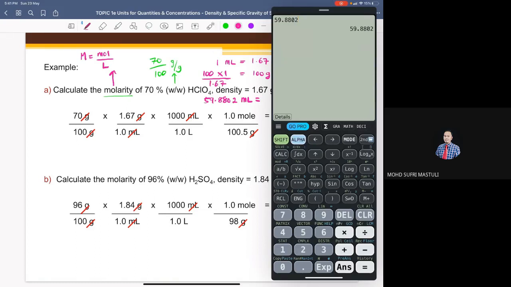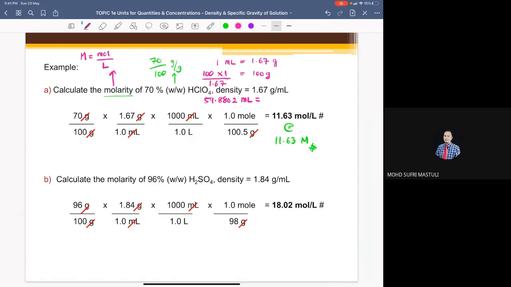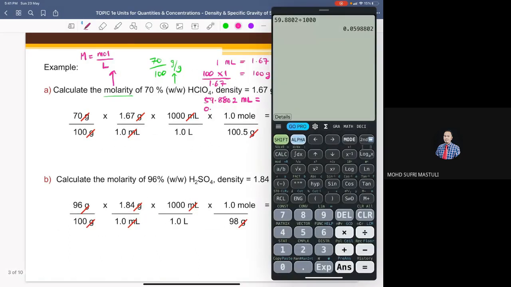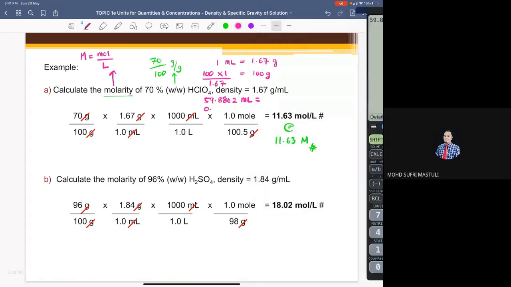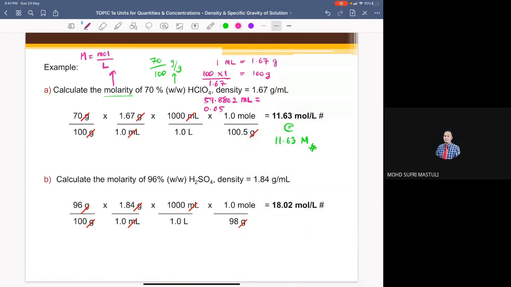Converted into liter, divided by 1000, is 0.0598 liter. Okay.